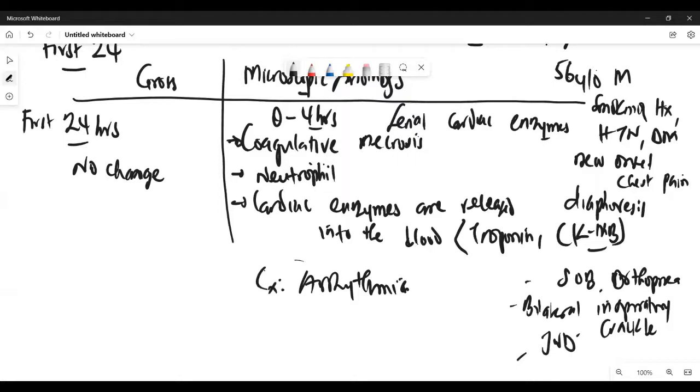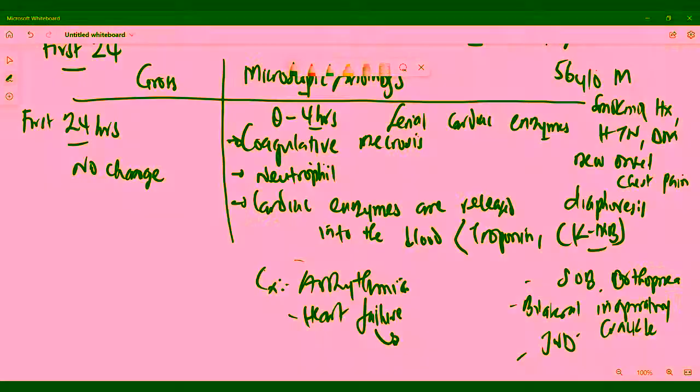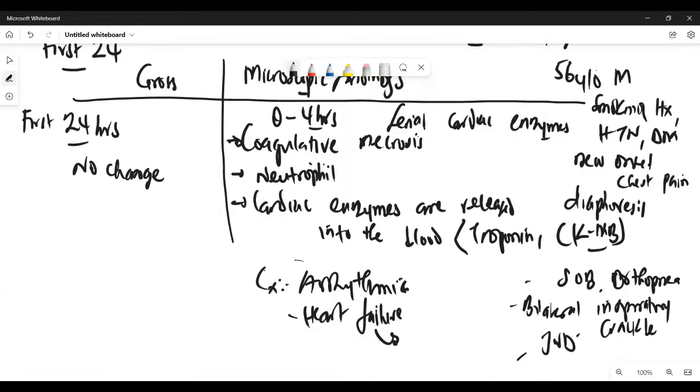All this is pointing to me now that this heart attack has progressed to cardiac failure. So now they're having heart failure. Most of the time, if you are fast enough and you fix the heart attack, you open up the blood vessel, the heart failure can be fixed, which is something that we need to bear in mind.